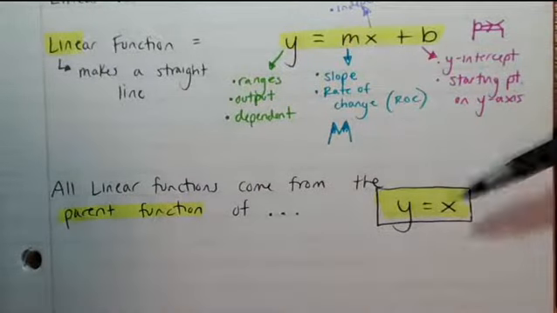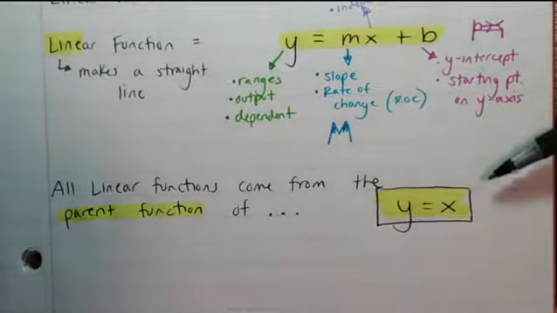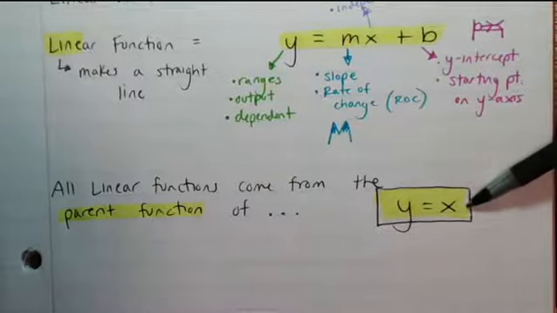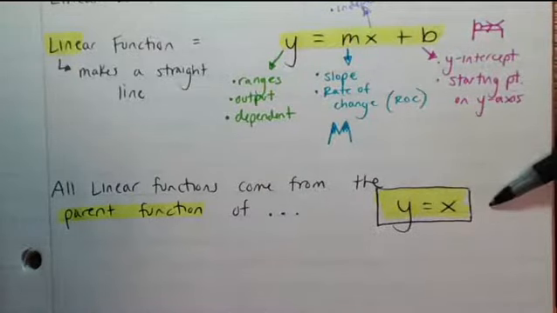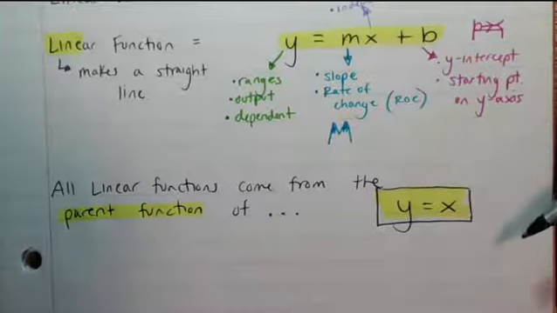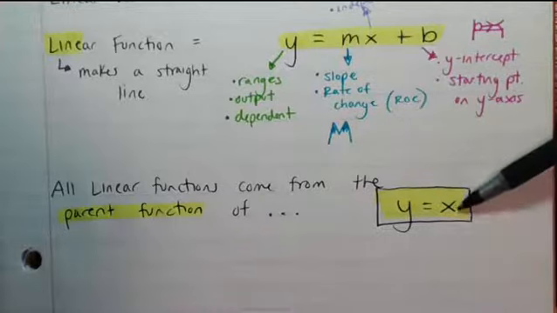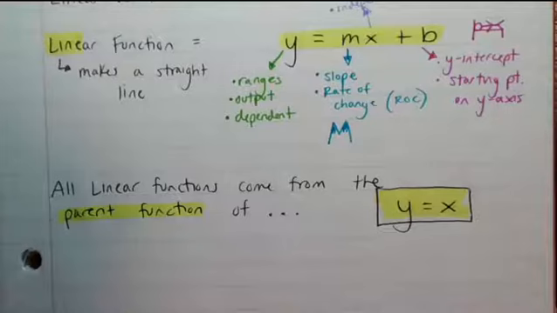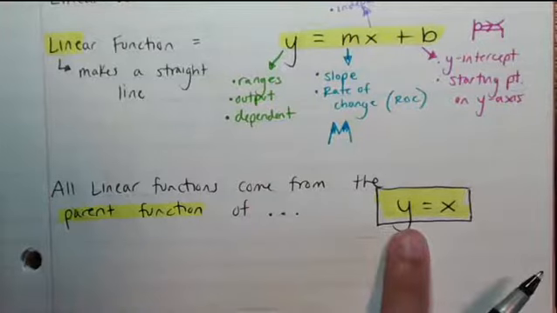Now again, this is the same thing as our formula. It's just that the b here is 0, because it would be x plus 0. And what coefficient is sitting in front of the x? How many x's do I have? That would be 1. So every parent function for linear equations comes from y is equal to x.